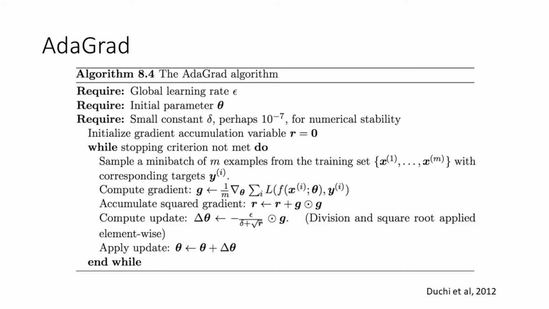Delta is just to make sure you don't divide by 0, and epsilon is our learning rate. So this is exactly the same as gradient descent, except we are dividing by the square root of the sum of the gradient squares of past learning steps.